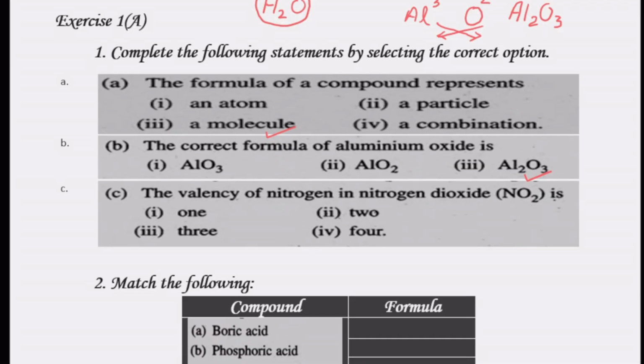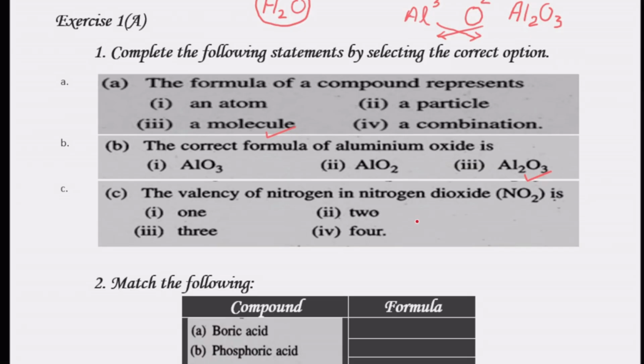Hope you remember this. Third one: the valency of nitrogen in nitrogen dioxide, NO2, is. To solve this type of question, I have made a short. Hope some of you have watched it. If not, let me tell you how we can do it. We know that the valency of oxygen is 2.